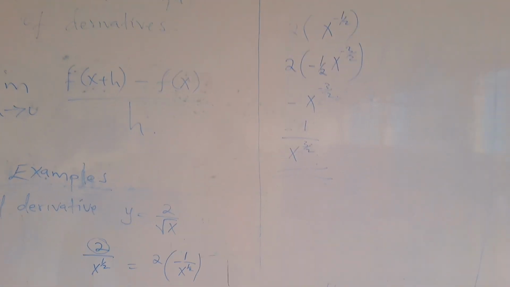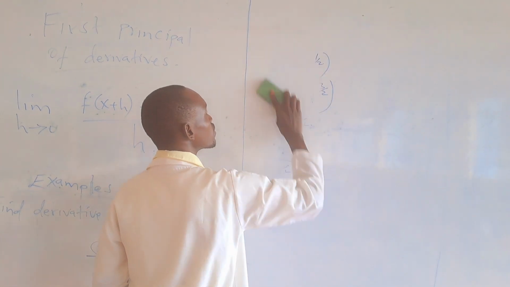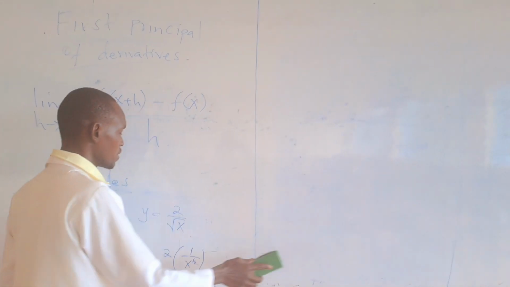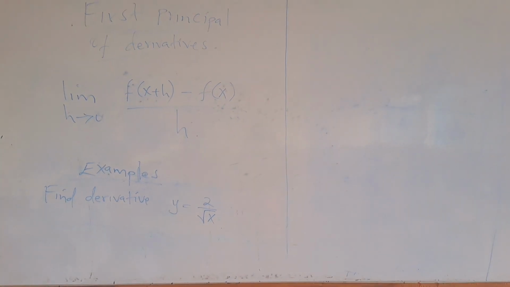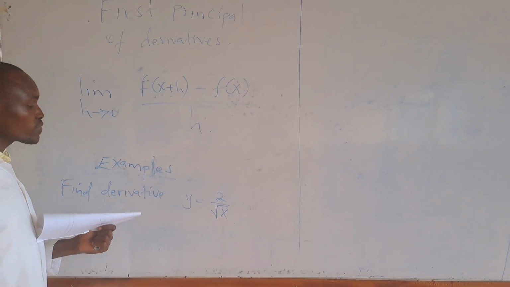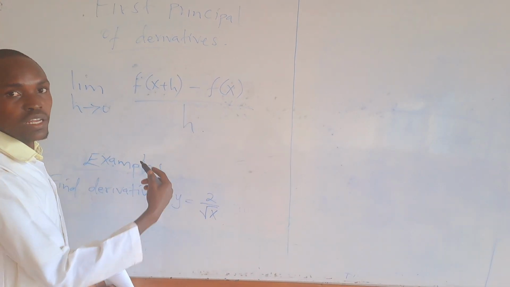But now, in our case, we are asked to use the first principle of derivatives. So it means we have to take our function and substitute it in our definition.